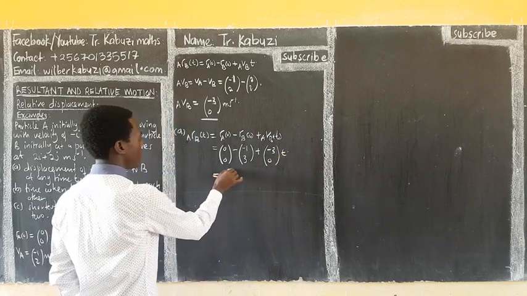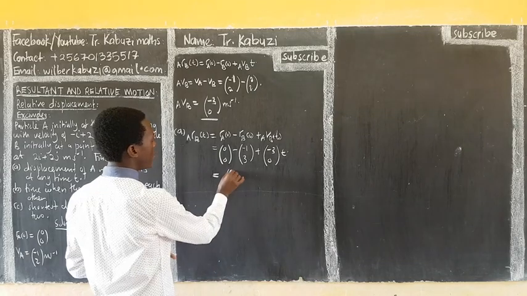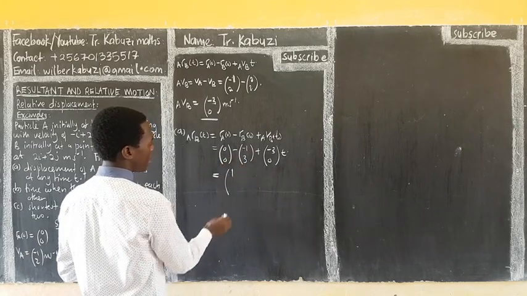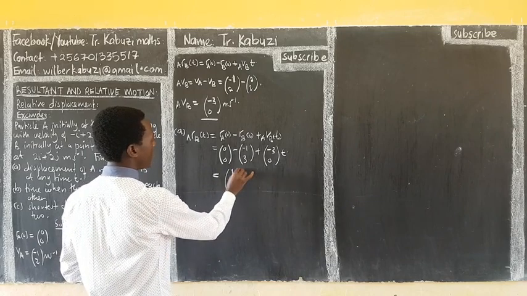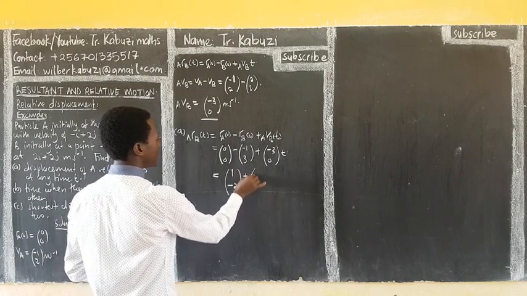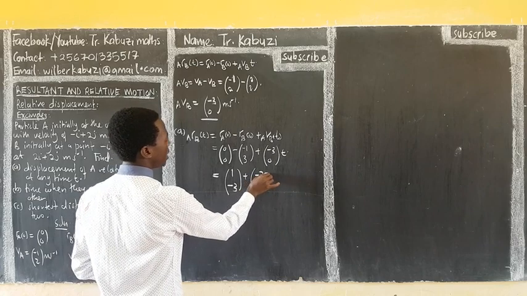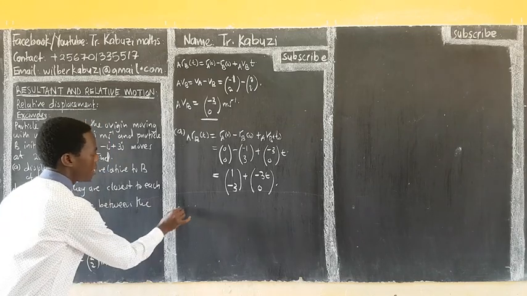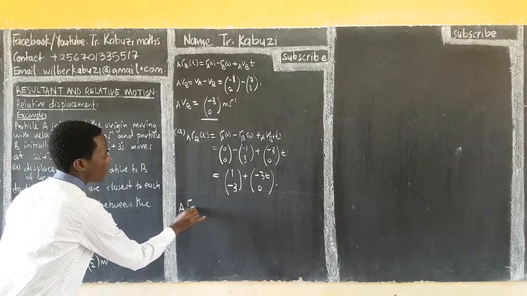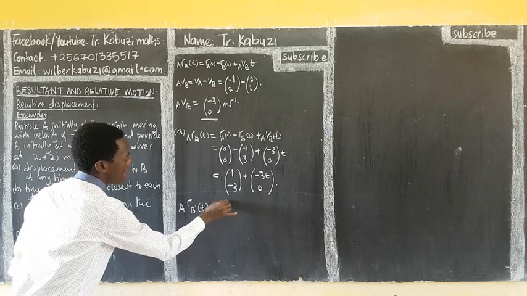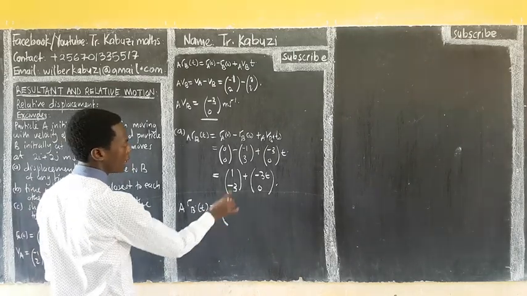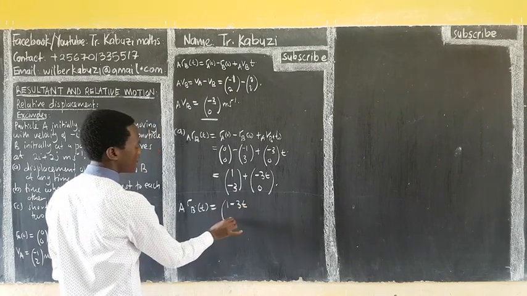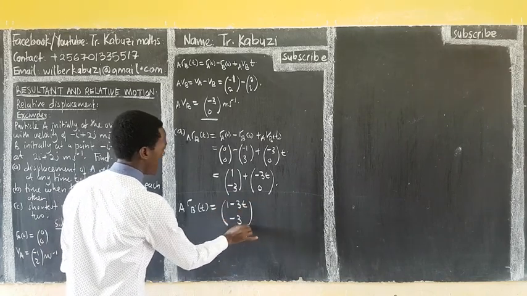And this is going to be 1, then minus 3, negative 3, then plus negative 3t plus 0, which we can simplify to give r of A relative to B at any time t as 1 minus 3t, then negative 3.